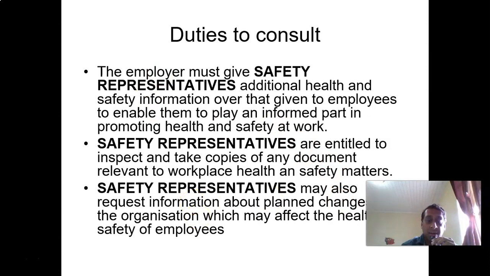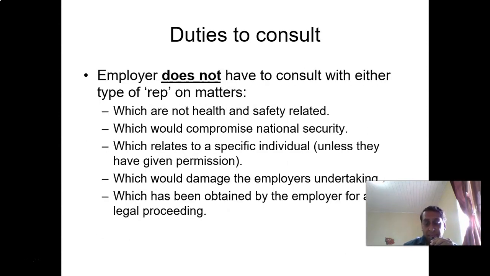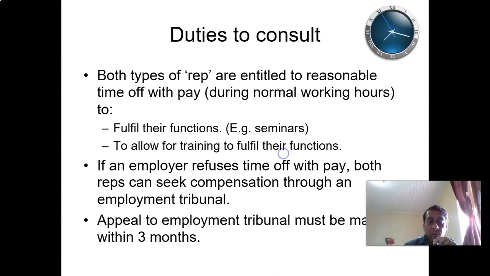Employer does not have to consult with either type of rep on matters which are not health and safety related, which would compromise national security, which relates to a specific individual unless they have been given permission, which would damage the employer's undertaking, which has been obtained by the employer for any legal proceedings, right?